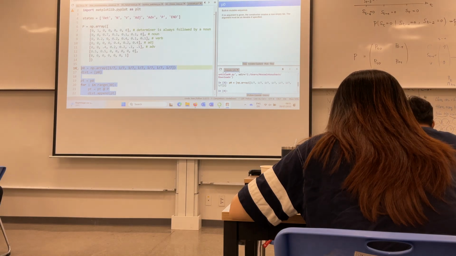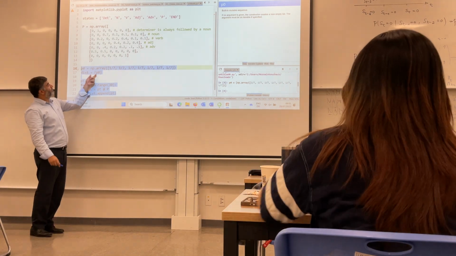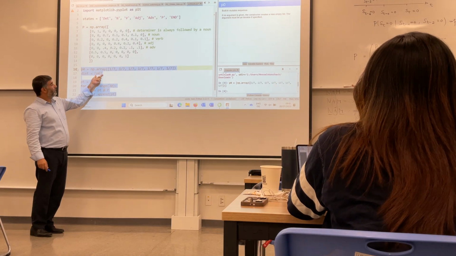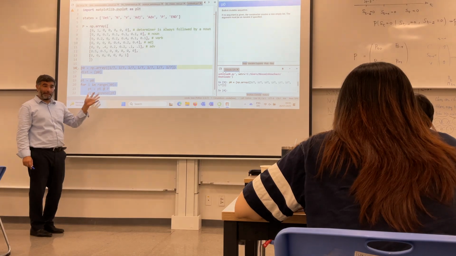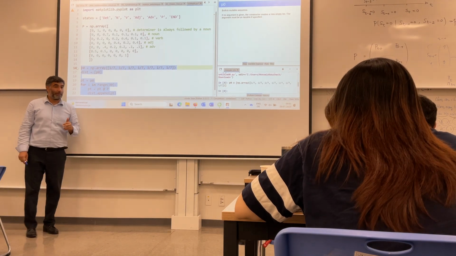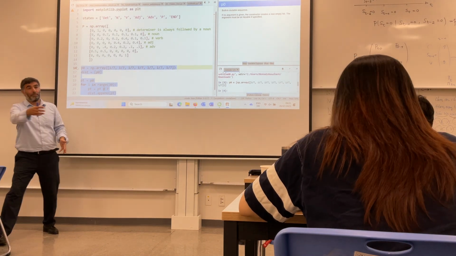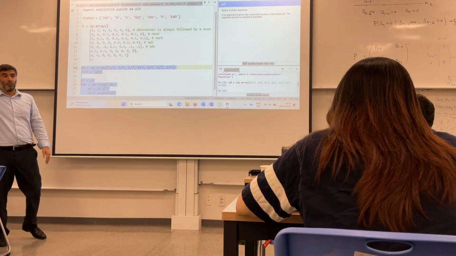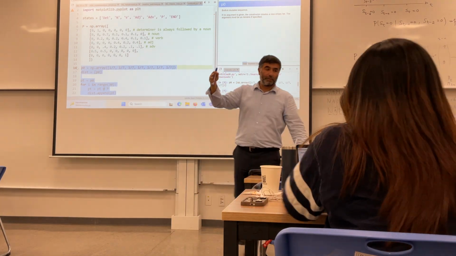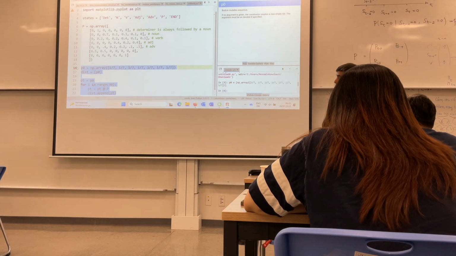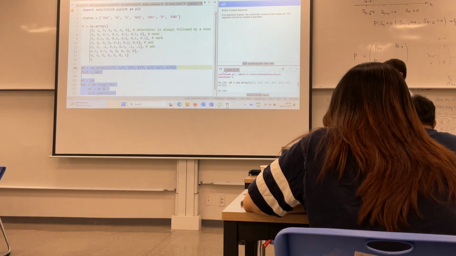So this list starts with P0, and next time it will be P0 times P, and so on and so forth. I'm appending to this distribution all of the PT to the power of 2, PT to the power of 3, and so on. And I post multiply.